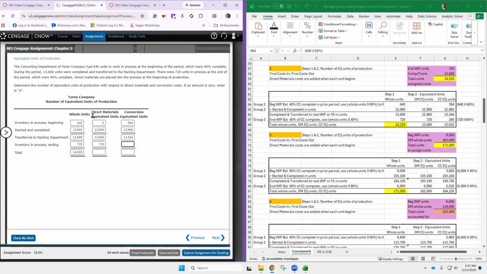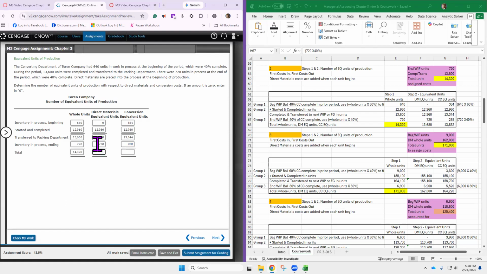Now this one up here, we did the inverse of the percent complete, right? But now here we are. So we're going to take 720 times 40% and you get 288. And once again, I put it right there in the parentheses so that you would be able to see it. So then instead of 720, it's 288.